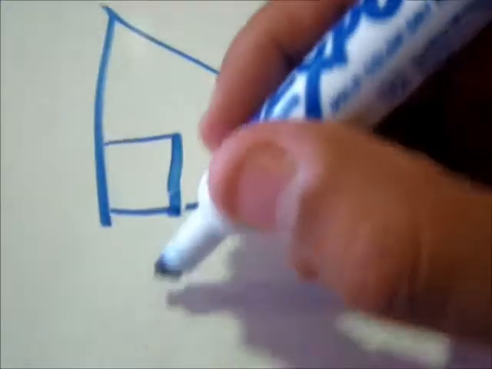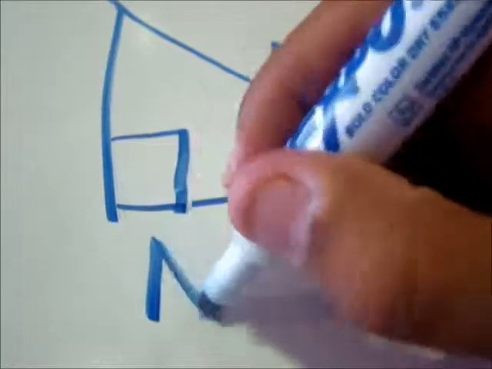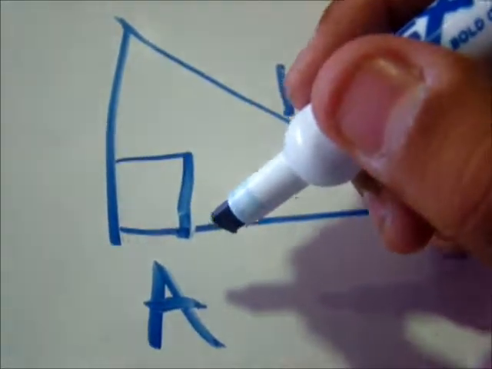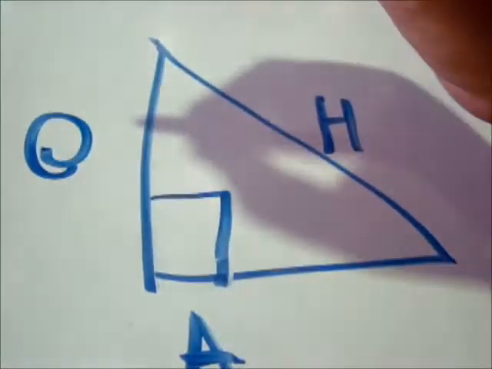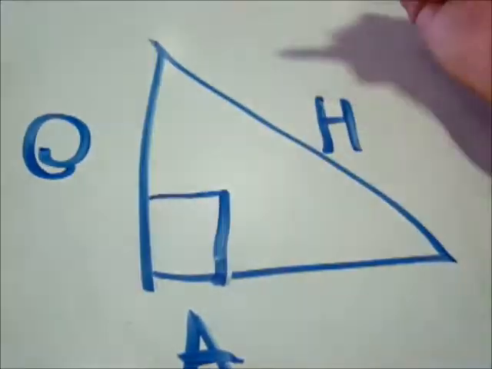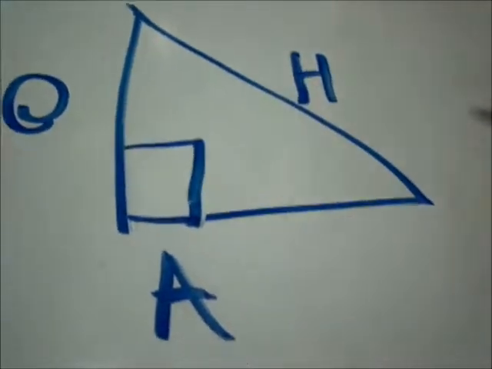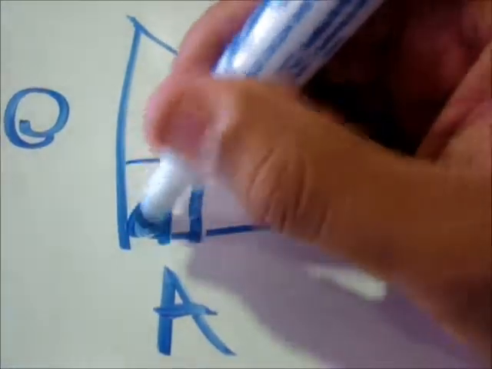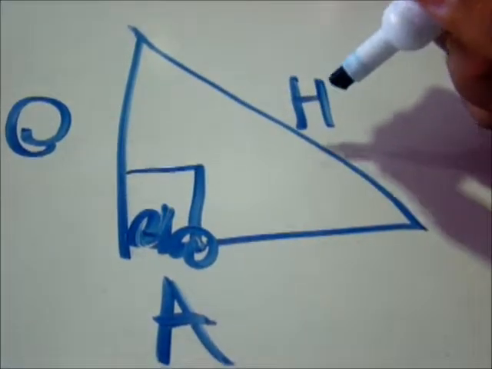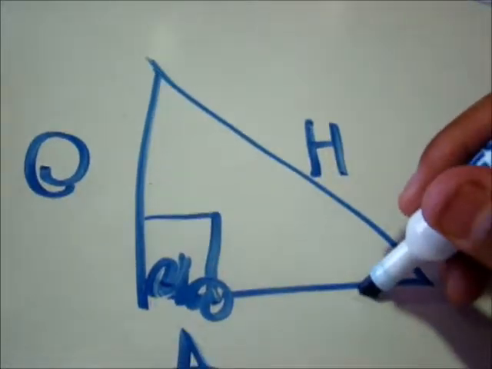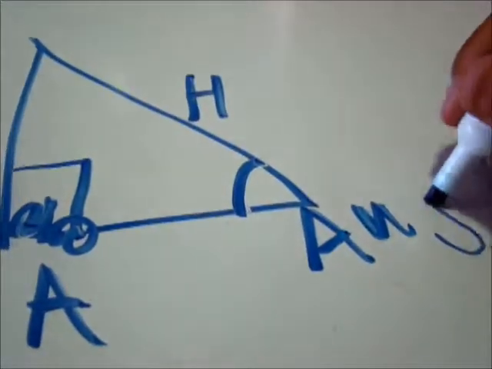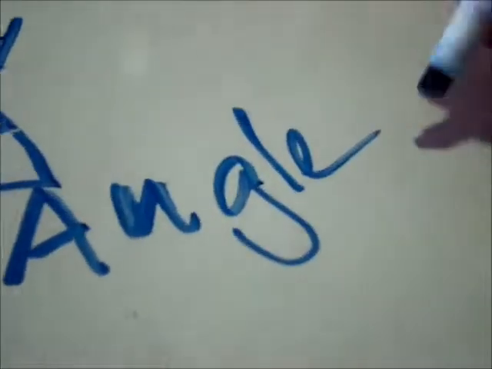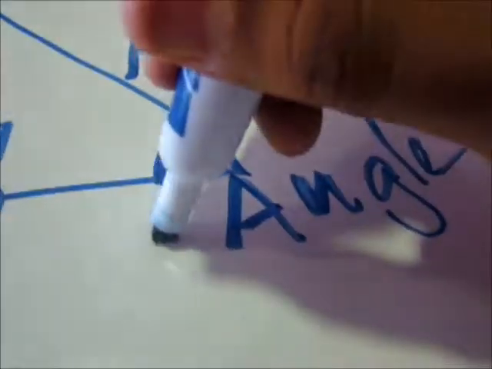Alright, the adjacent side is going to be on the bottom, so that's adjacent. And the opposite side is going to be on the sides. So just remember that. And like always, this has to be 90 degrees. And this right here, angle X.